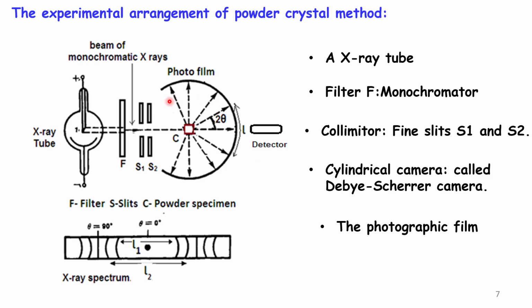Inside this Debye camera the photographic film is mounted, and different types of detectors are used to record the intensity of the diffracted beams. Here we can see the photographic film, and how the pattern gets developed on it. This is the specimen, held by the sample holder.